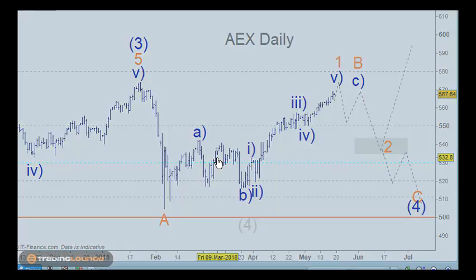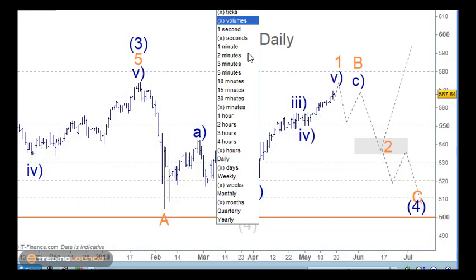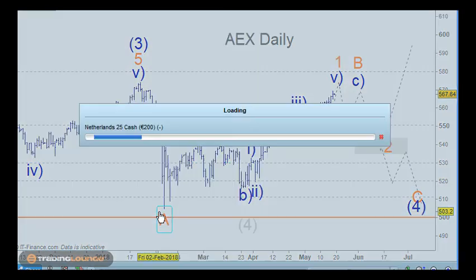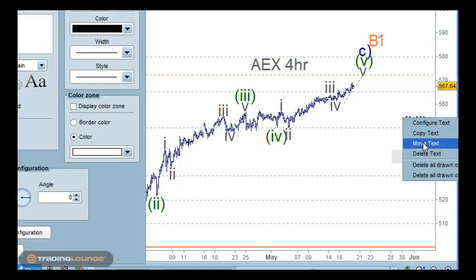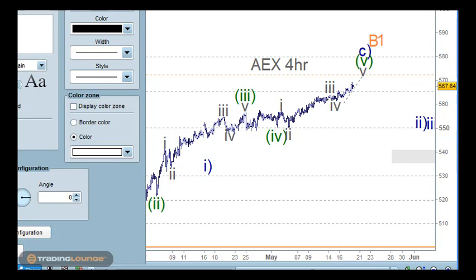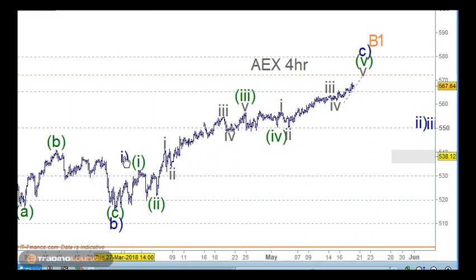So just moving in here to look at this here. So 4-hour chart. Until we can work out that it's either B or 1, we won't know if these degrees of structure are this degree, or we need blue over here for this as 1 here and 2 here and 3 here.